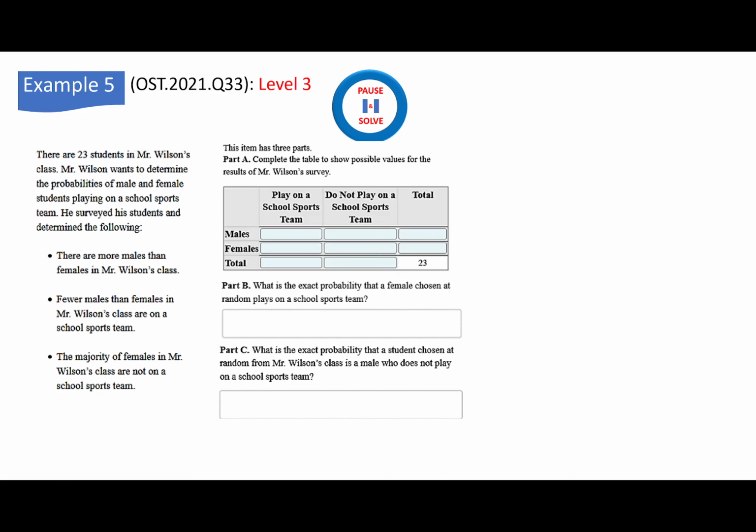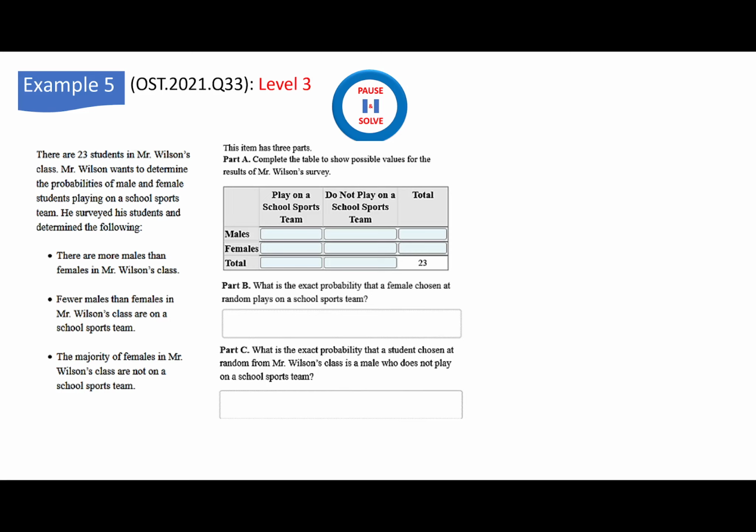Example 5. This is a very interesting example. I actually like it. It's a three-part example. There are 23 students in Mr. Wilson's class. Mr. Wilson wants to determine the probabilities of male and female students playing on a school sports team. He surveyed his students and determined the following.